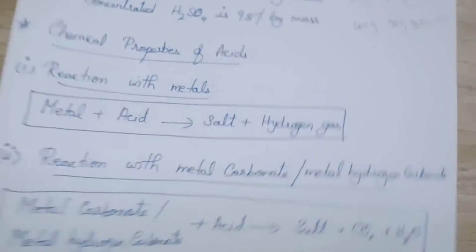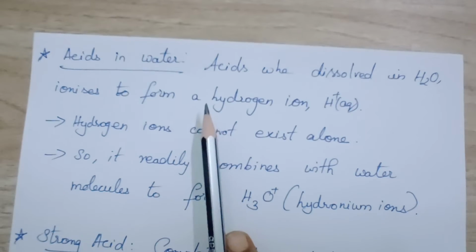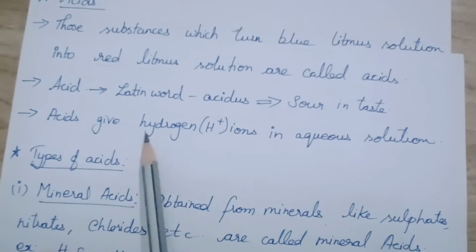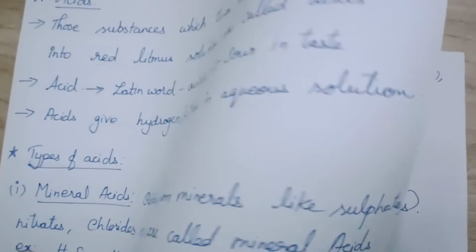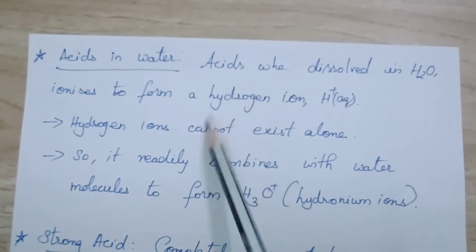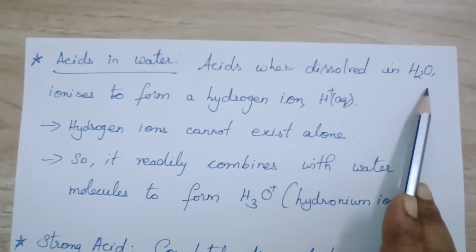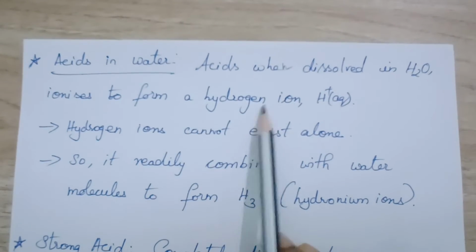And one more thing about acid is acid in water. While mentioning the basic things about acid, we said that acid gives hydrogen ions in aqueous solution. Aqueous solution means in water, right? Acids when dissolved in water ionize or dissociate to form hydrogen ions.